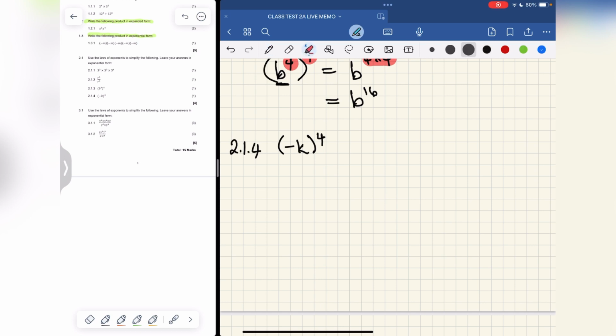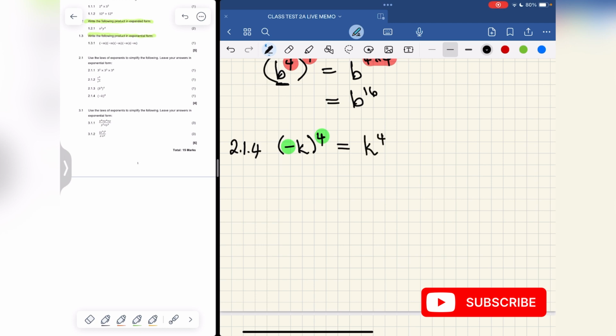So our exponent here is an even exponent of 4, and a negative base is being raised to an even exponent. So in that case, we know that, well, I hope we know that our answer will result in a positive power.